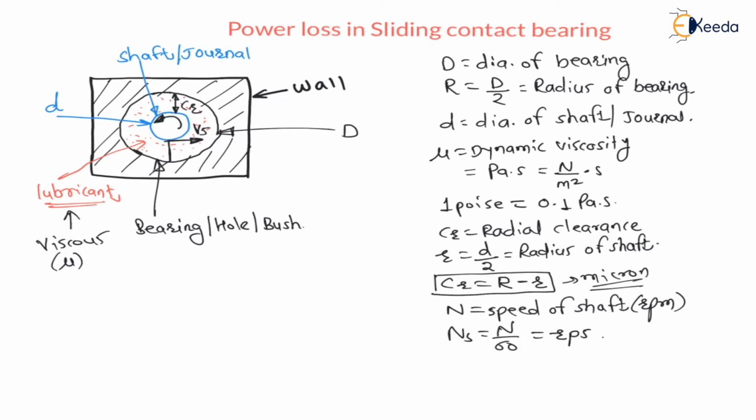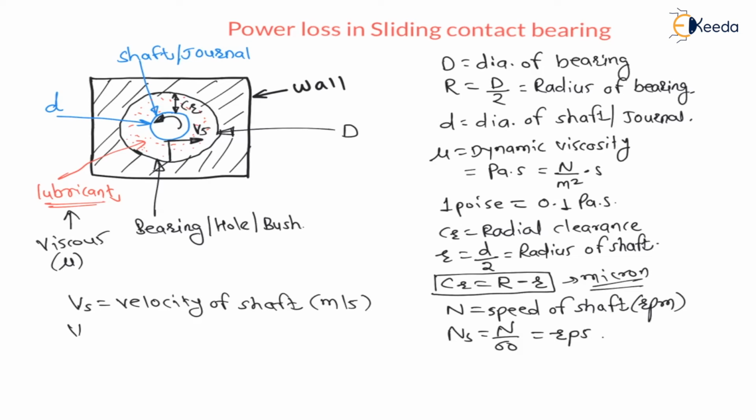Therefore we can say vs is the velocity of the shaft in meter per second, that is, the surface velocity of the shaft.